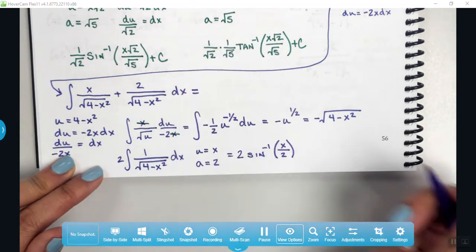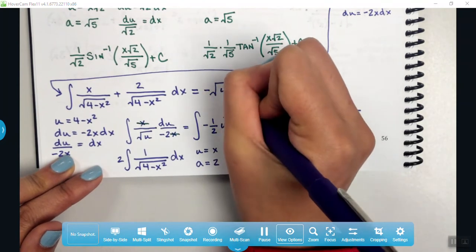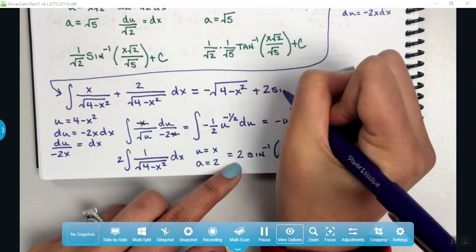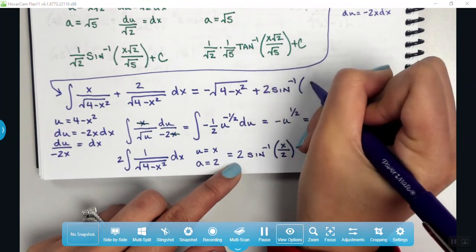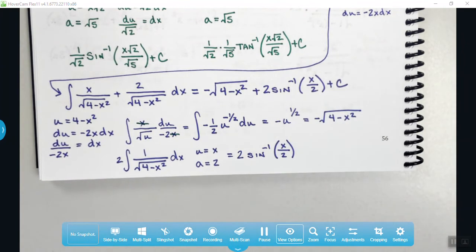So this is equal to negative root 4 minus x squared plus 2 sine inverse of x over 2 plus c. How fun was that? Such a great time. Okay, so that's inverse trig.